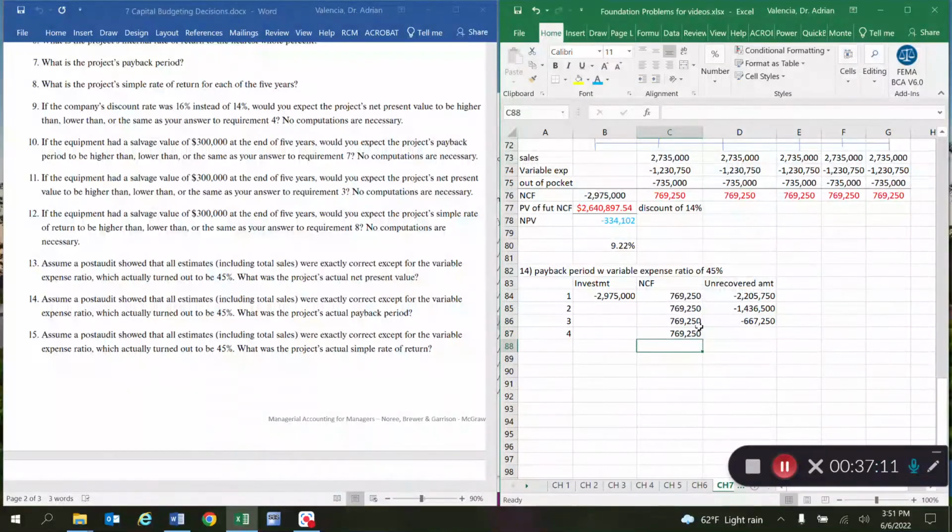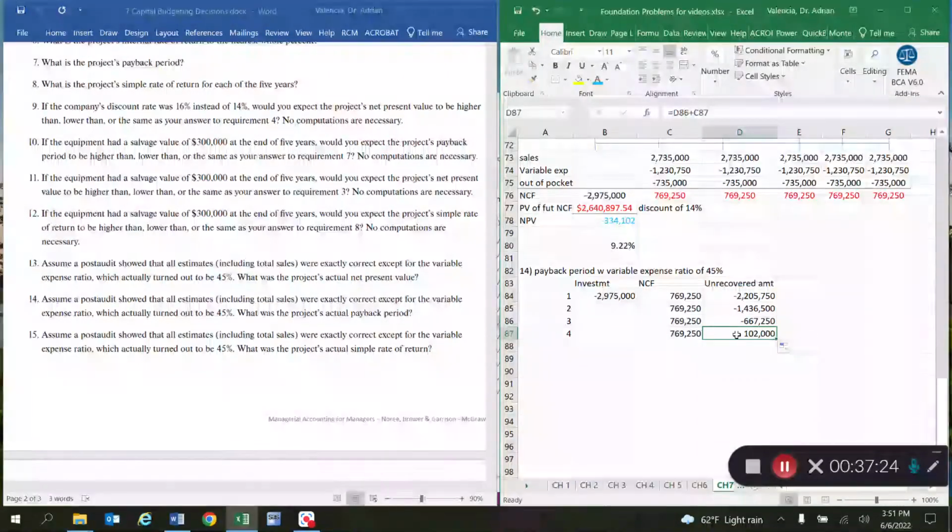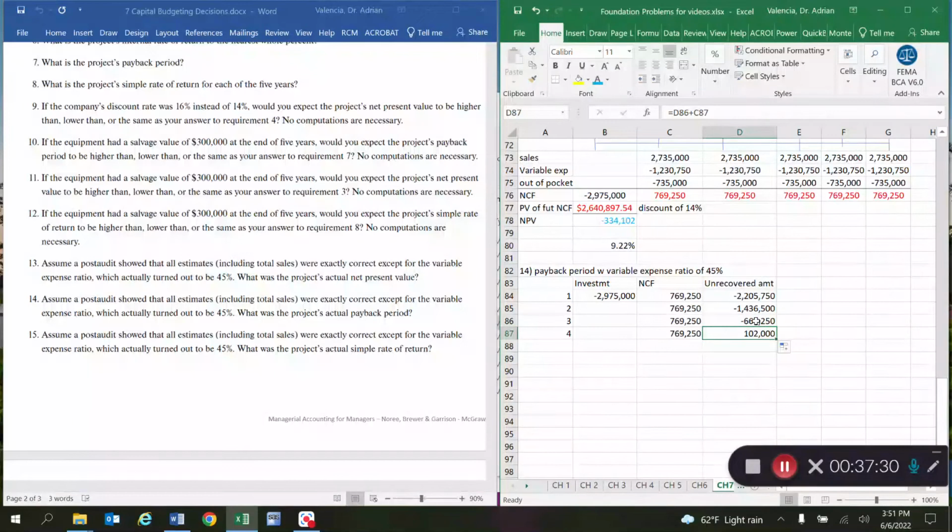And by that point, we will have recovered our initial investment, because now it's positive. So with increased expenses, obviously it's going to take us longer to get our money back. And to be specific, it's going to take us almost 4 years, okay? And again, if you wanted to know exactly, you would take 667 divided by 769, and that gives you the partial amount of that fourth year.